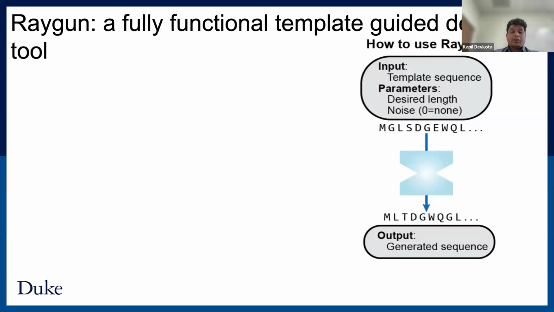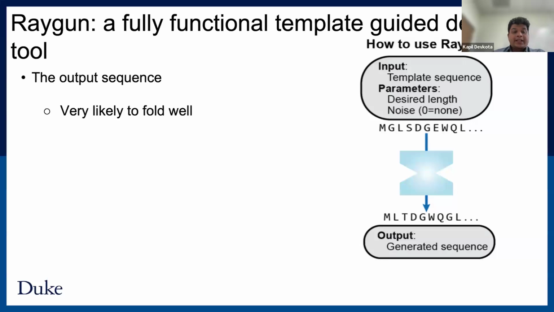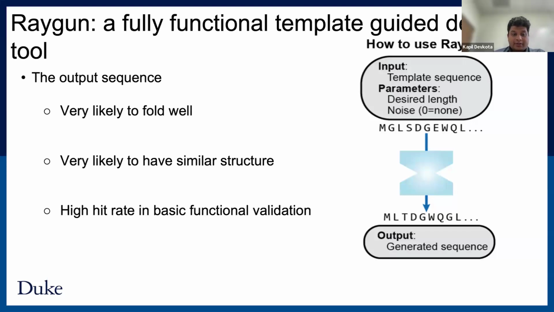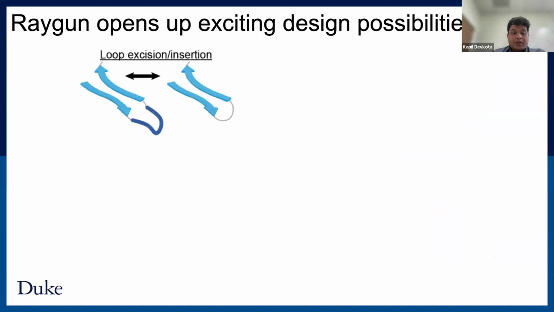Now, we found in our evaluation that the output sequences obtained through Raygun likely fold very well. They are very likely to have a very similar structure, and a very high rate in basic functional validation. So this brings up very interesting possibilities with Raygun. For example, we can use Raygun to remove or add loops in the sequence, and with loops we can add functional groups.